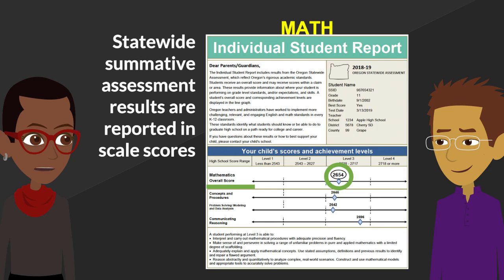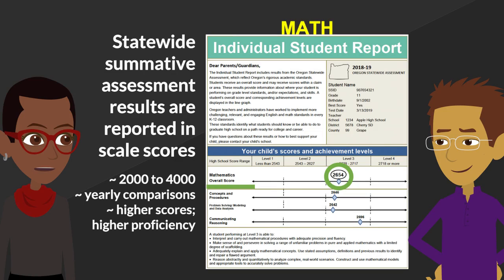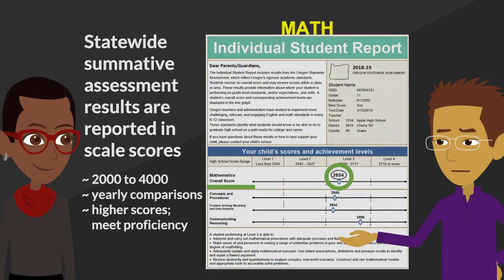Results on this test are reported in what are called scale scores. Scale scores on Oregon's statewide summative assessment will generally be between 2,000 and 4,000 and allow student performance to be compared across school years. Generally speaking, the higher the score, the more likely it is that the student is meeting grade level proficiency targets. Wow!